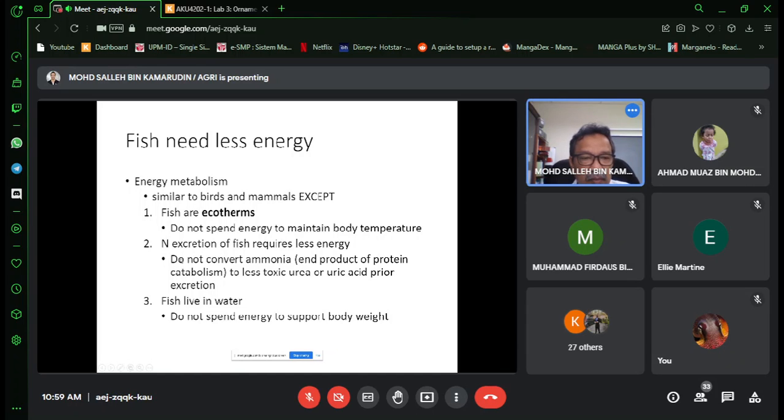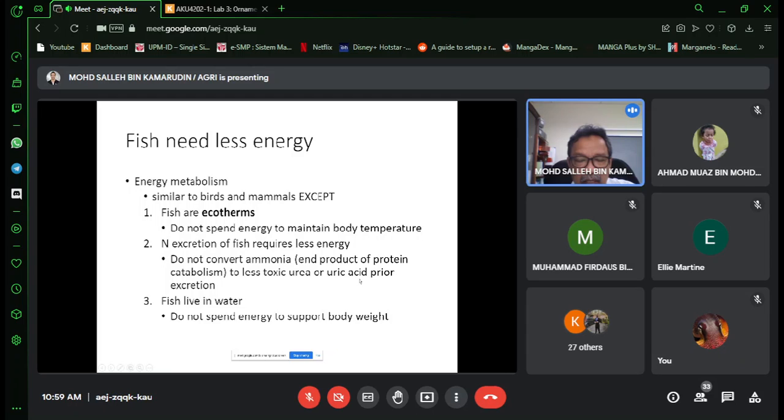And the nitrogen excretion in fish require less energy because they do not convert ammonia to less toxic urea atau uric acid as in the human.